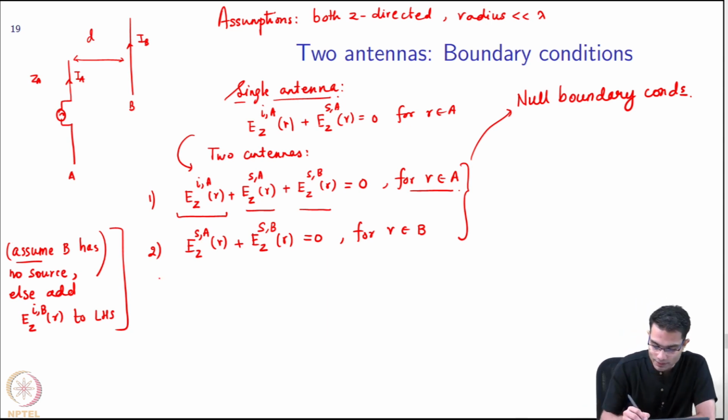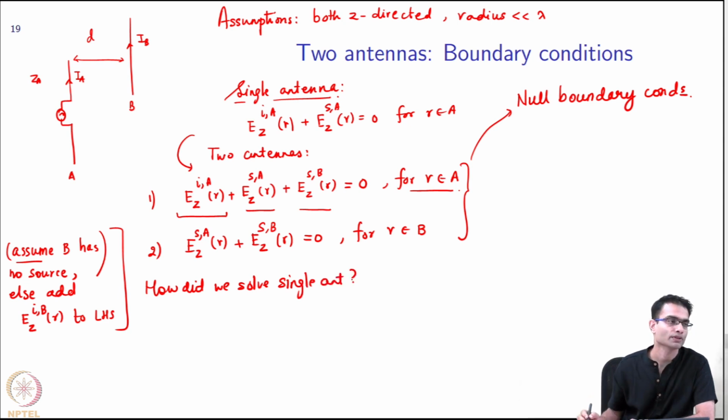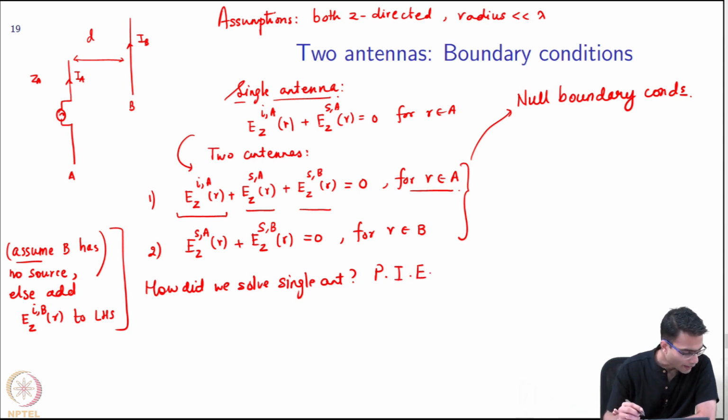Okay. So, let us remind ourselves how we solved the single antenna problem. It was the Pocklington's integral equation, right? Let me just write it down over here.